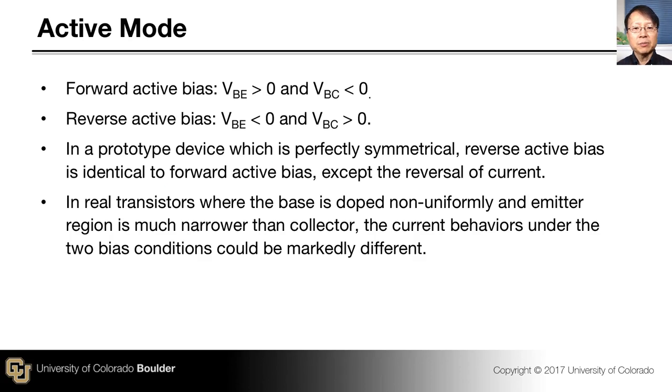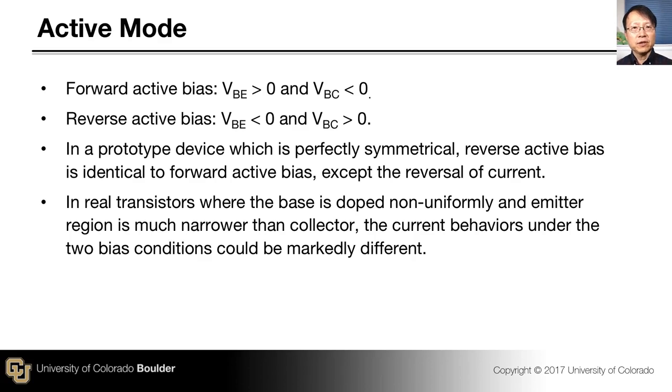Now, just to sum up the active mode operation, which is the operation that we have discussed so far, the active mode is the case when one junction in a BJT is forward biased and the other junction is reverse biased. When the base-emitter junction is forward biased, it's called the forward active mode. When the base-emitter junction is reverse biased, it's called the reverse active mode.